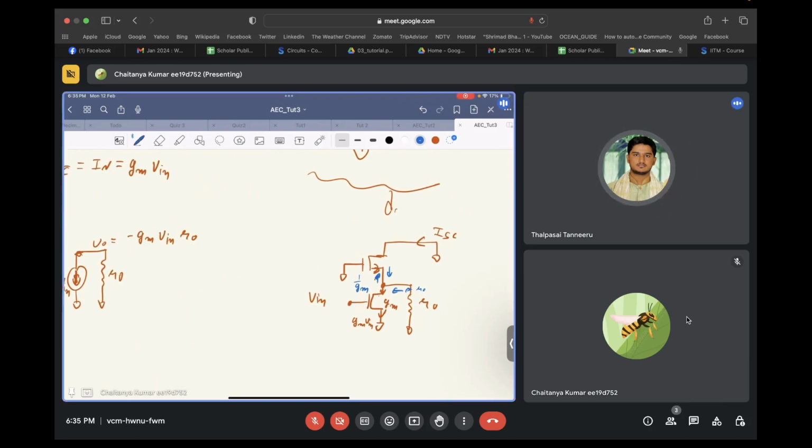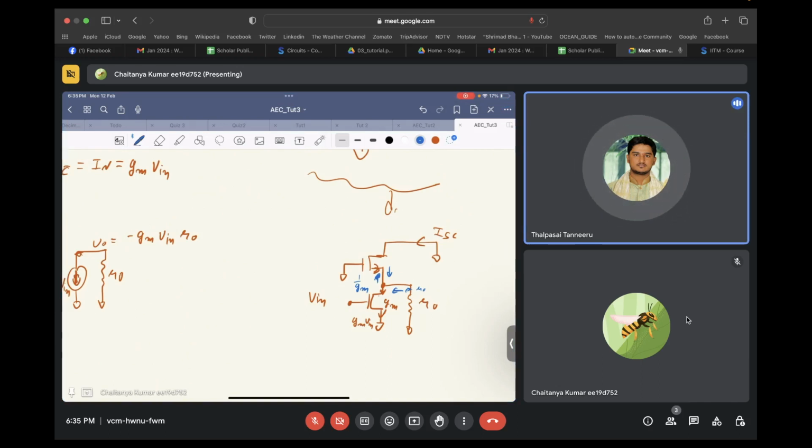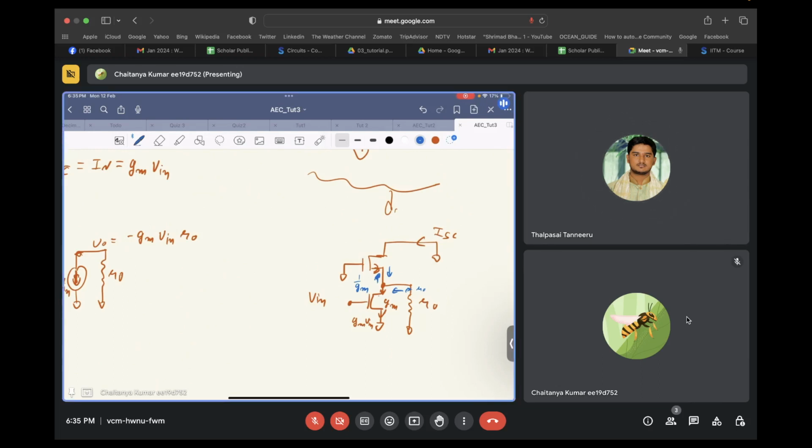In which direction most of the current gm times v in will flow? Sir, it will flow to both. So it will divide, no, sir. Yeah, but where will the majority of current flow?